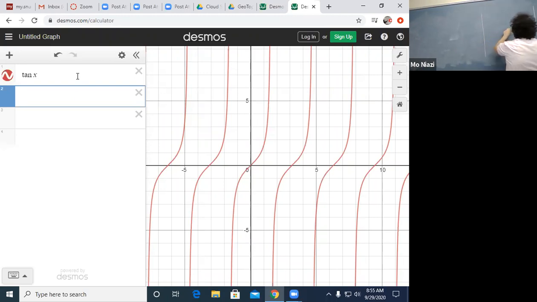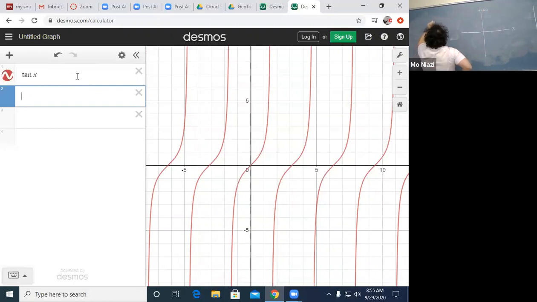It's just a consequence of the f of x table. So let's create our table.